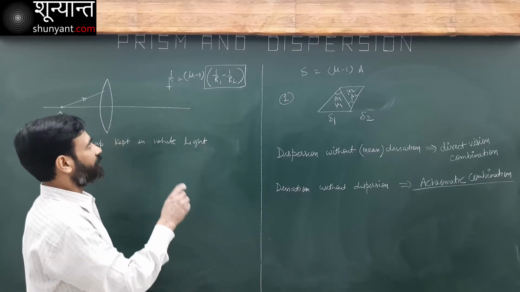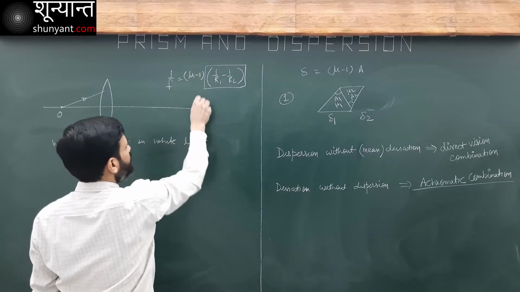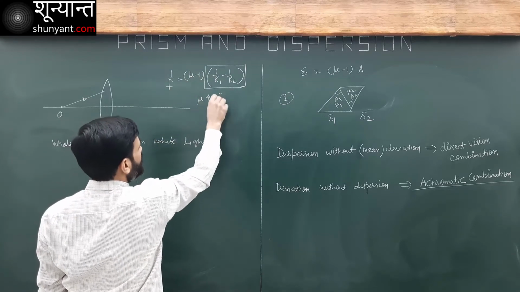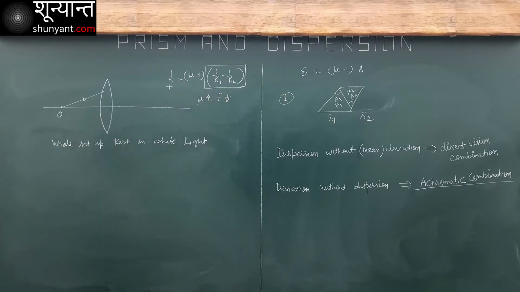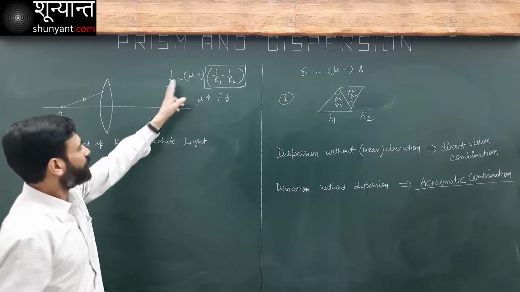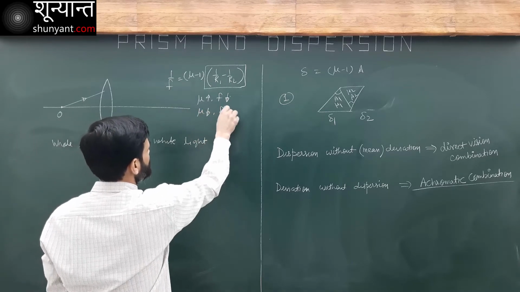Now with mu, focal length changes. If mu increases, then focal length decreases. Does that make sense? If mu decreases, then focal length increases.